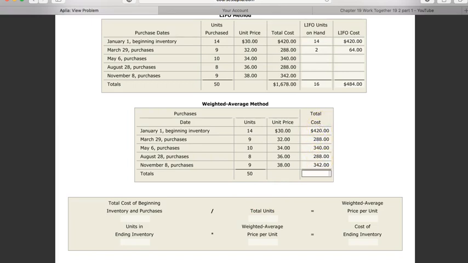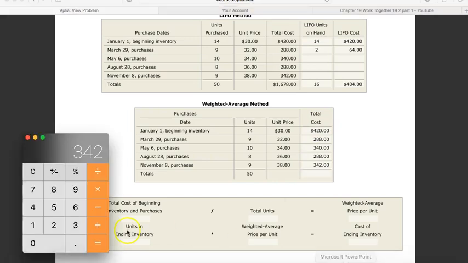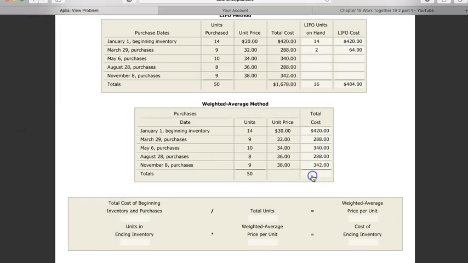So the total of this is 420 plus 288 plus 340 plus 288 plus 342. Our total here is $1,678. Now we can calculate our weighted average.